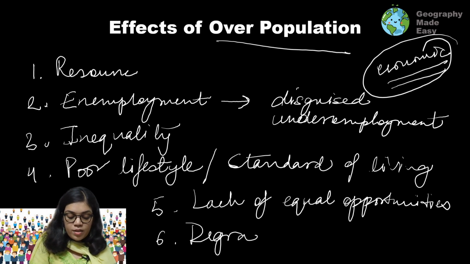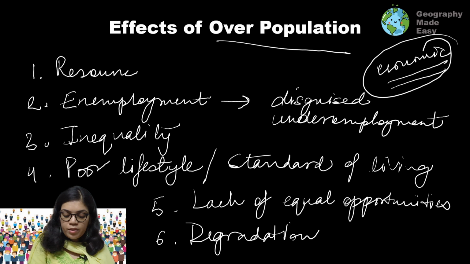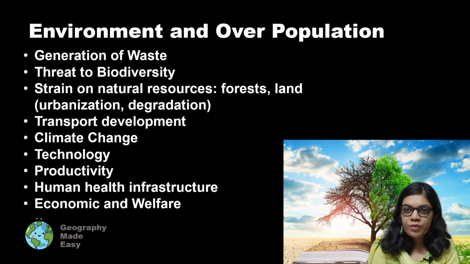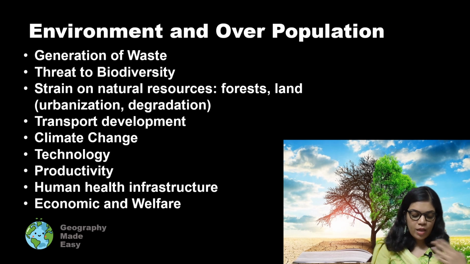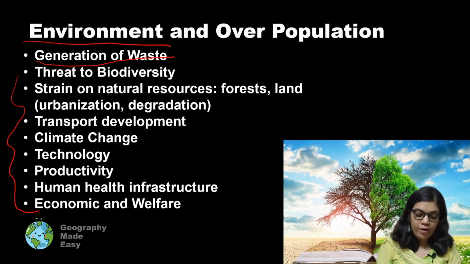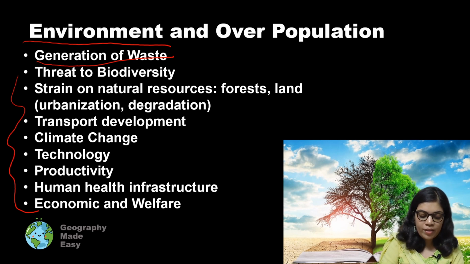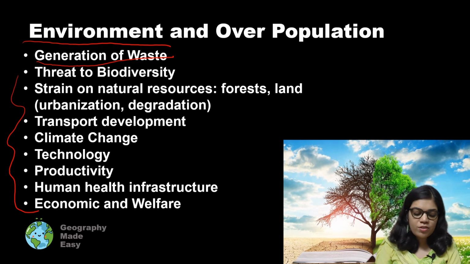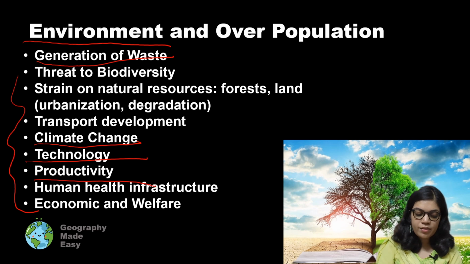And the sixth one here is degradation of the environment, and we are going to talk about that in detail. There are certain ways in which it is happening. Some of them are generation of waste and threats to biodiversity. All the different processes carried out because of urbanization and overpopulation are having negative impacts on the environment, such as climate change, and human health, infrastructure, economic productivity and the welfare of the people as well as the environment get affected.